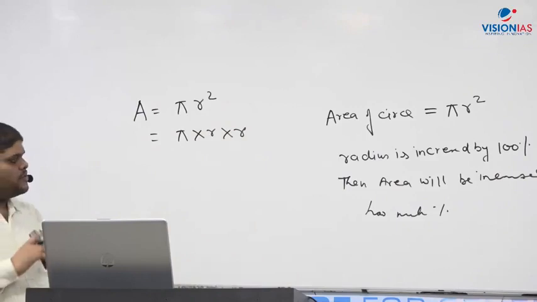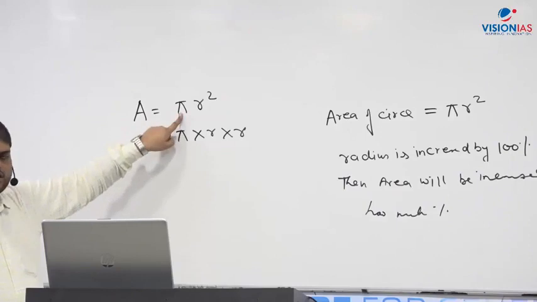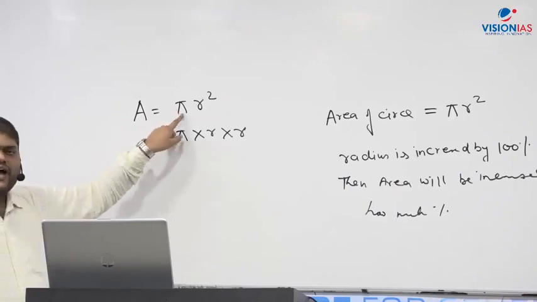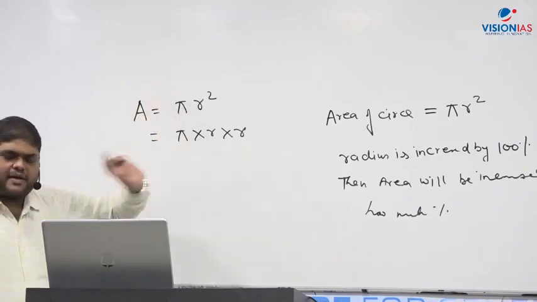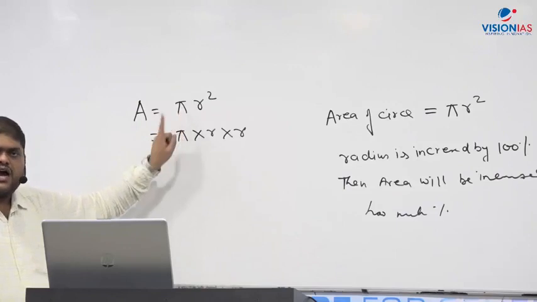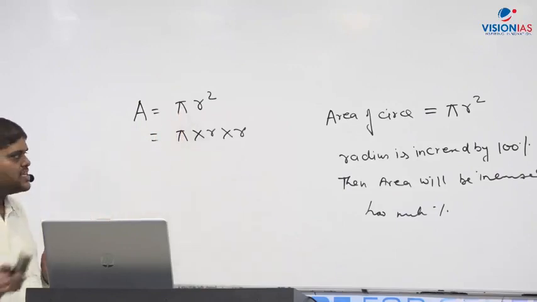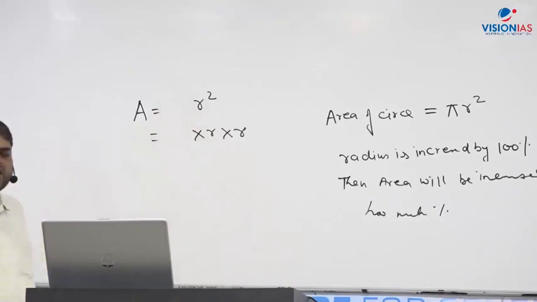Now you have to understand, whenever there is any constant, because the value of pi is not going to change. The value of pi will remain 22 by 7 or 3.14 before the increment and after the increment also. That means there will be no impact of pi or any number.